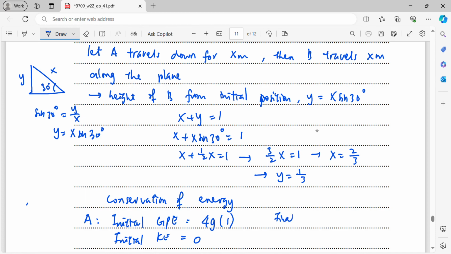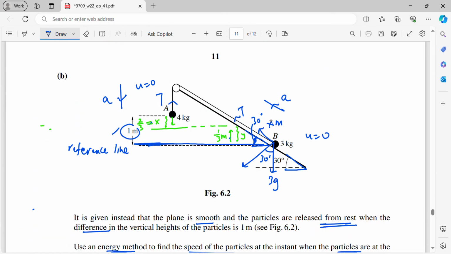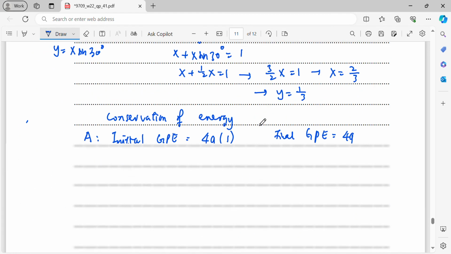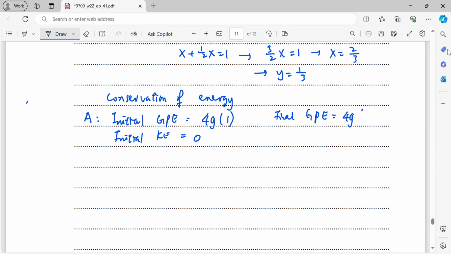Then the final GPE: when you refer to this reference line, x is 2 over 3, but you are counting h from the reference line, so the h is actually 1 over 3. Then the final kinetic energy is half mv squared, with v unknown.